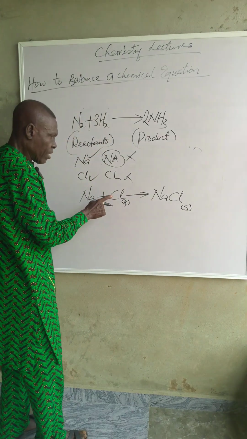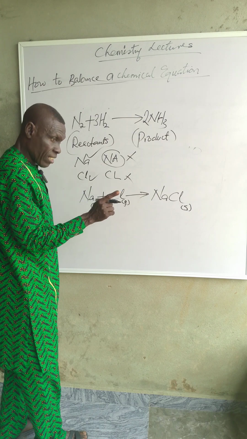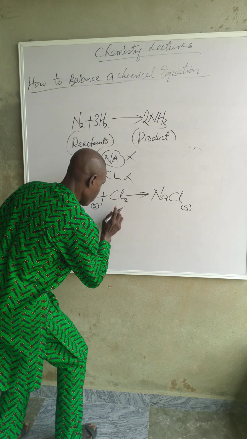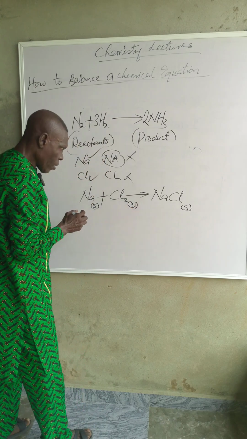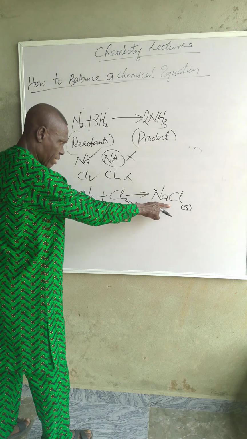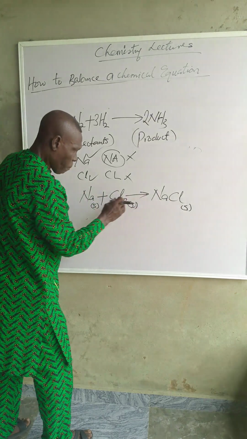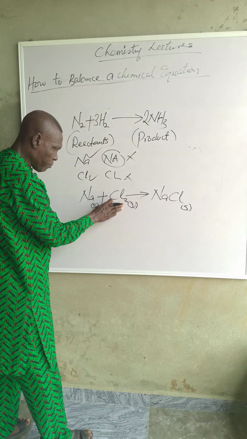Now, chlorine is always written Cl2 when you are reacting. So here it will be Cl2, in the gaseous state. When this equation is formed like this, you can see that on this side chlorine appears only once, while it is 2 here.